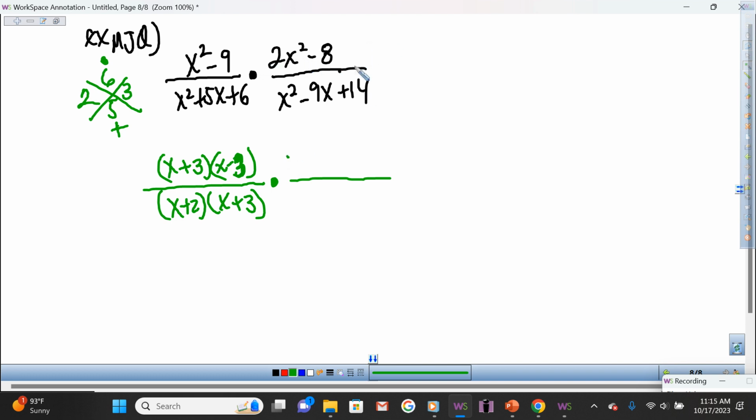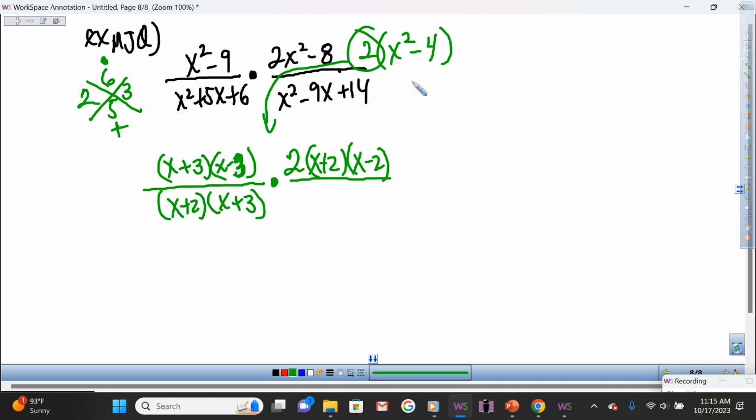So I'm going to write it here first before I bring it down. 2, and that leaves us with x squared minus what? Minus 4. Okay, so I'm going to bring down the 2. And tell your neighbor the factors for x squared minus 4. Yeah, x plus 2, x minus 2.